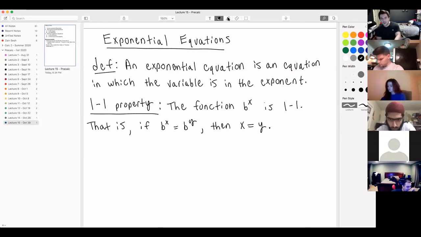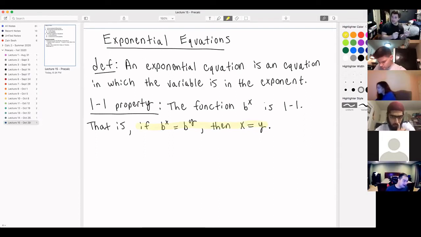Okay, so what I'm going to highlight right now is literally the definition of b to the x being one-to-one. It means if the outputs, b to the x is equal to b to the y, if they're equal, then the inputs were equal to begin with. That's one-to-one. All right, so that was from a few weeks ago. We're going to use this to help us solve equations.